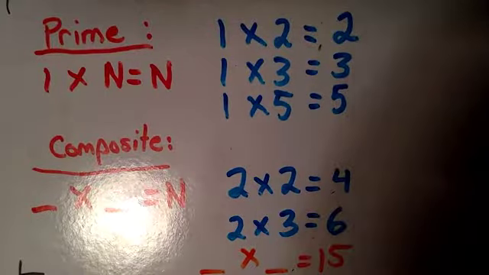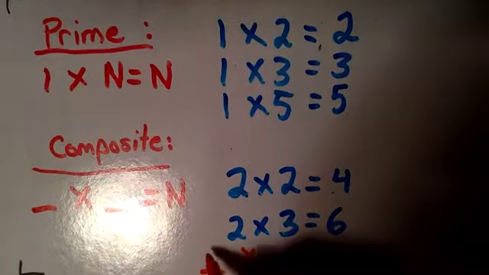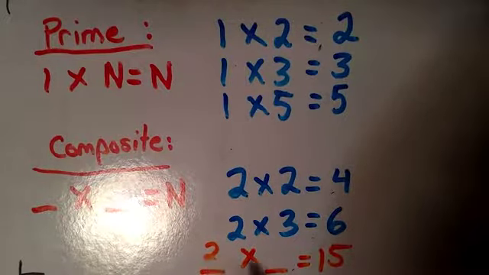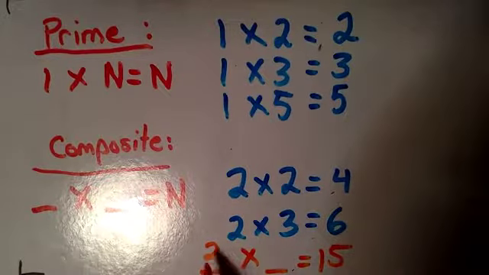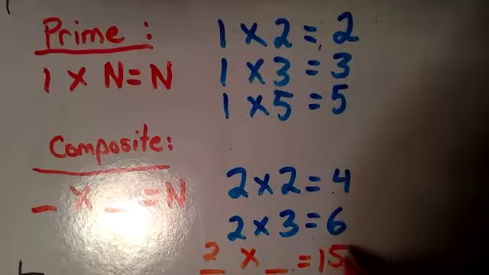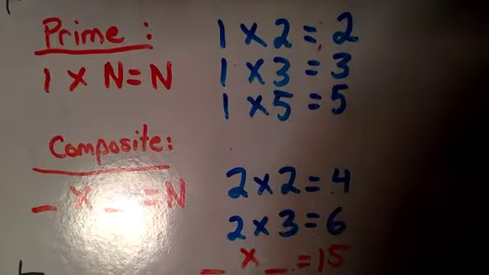So, to start out, we'll use the next number up, so number 2. Is there anything that a 2 can multiply by to get us 15? Well, 2 times 7 would get us 14, which is a little bit smaller than 15, and 2 times 8, the next number above 7, would get us 16, which is too big. So 2 is not going to work.